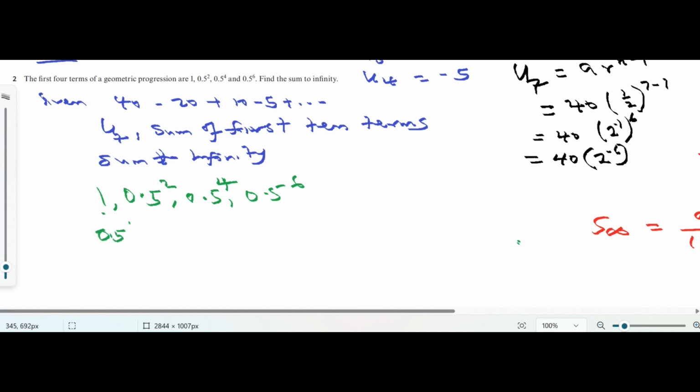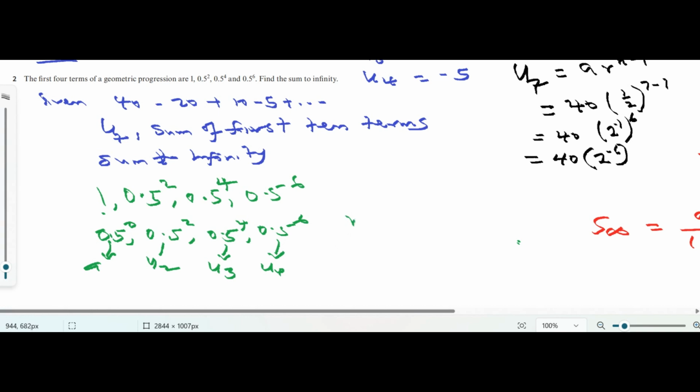This one is still the same thing as 0.5 raised to power 0, as we know that any non-zero number raised to power 0 is 1. Okay, I have 0.5 squared, and I have 0.5 raised to power 4, 0.5 raised to power 6. So this is my first term, my second term, my third term, and my fourth term.